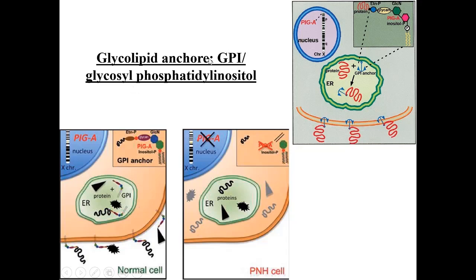GPI is the abbreviation of glycosyl phosphatidylinositol, and deficiency in the expression, as you see here, of GPI results in not having CD55 and CD59 on the surface of the cells in PNH disease.